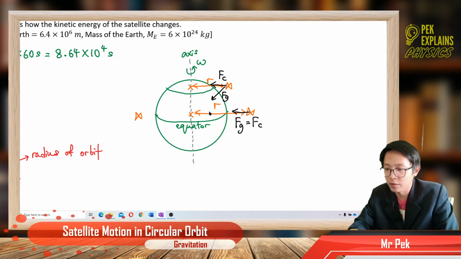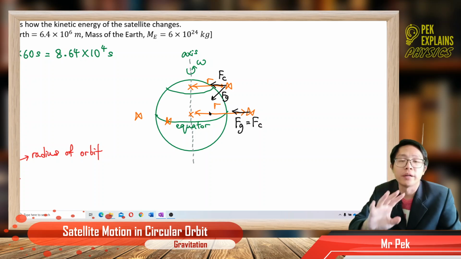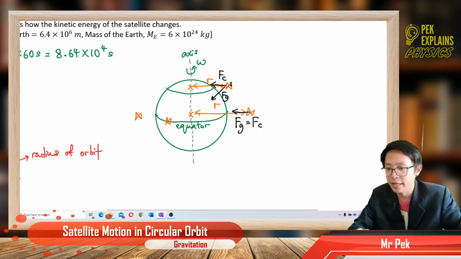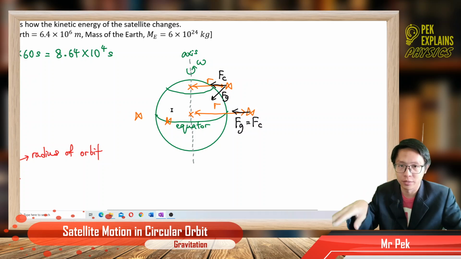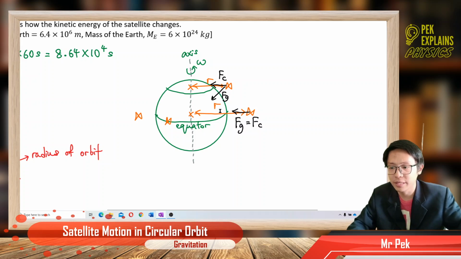You cannot find any satellite in the northern hemisphere or southern hemisphere. All the satellites concentrate above the equator. Okay, do you know that?